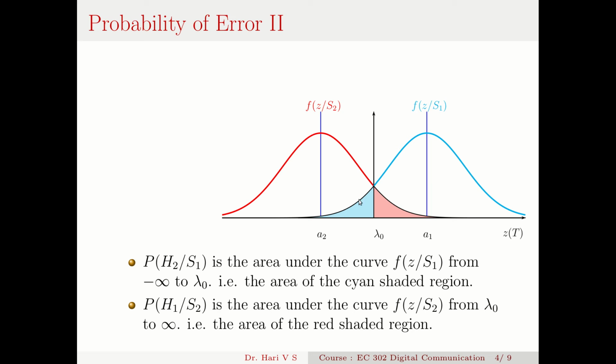Or it is the area under this orange region, that is the probability of H1 given S2, the area under the curve f(z given S2) from lambda 0 to infinity. So generally these two are the same.